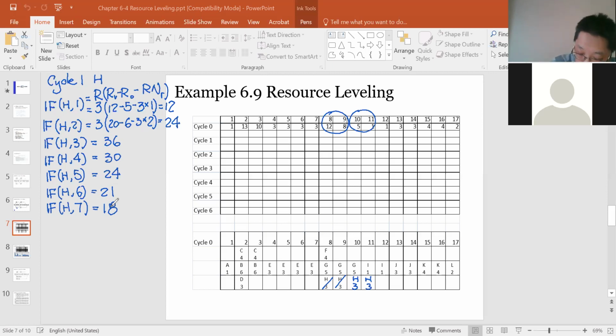So we can erase over here. So basically now we can decide how many days we should shift this H. This is what I calculated, the improvement factor. So which one should I choose?